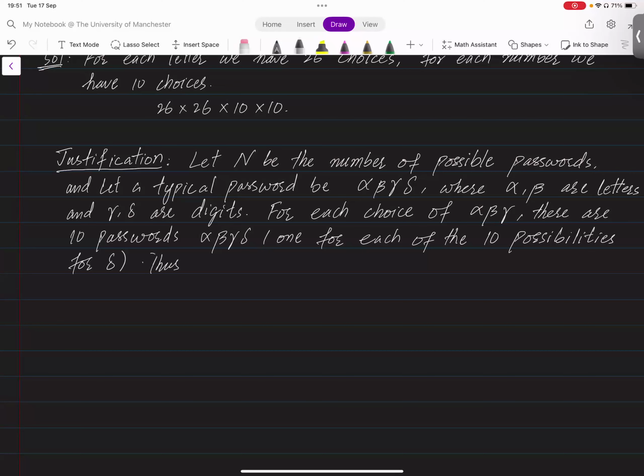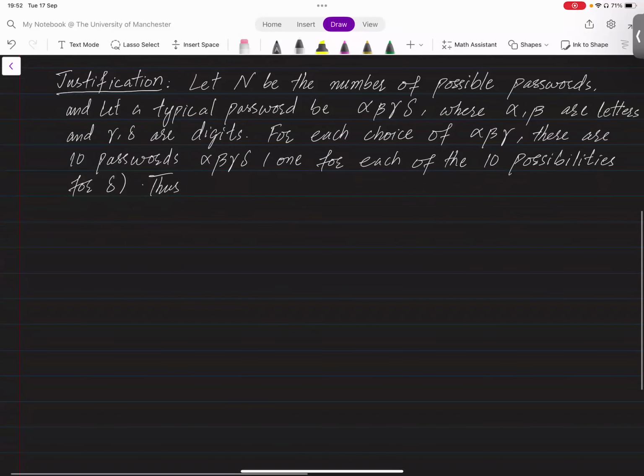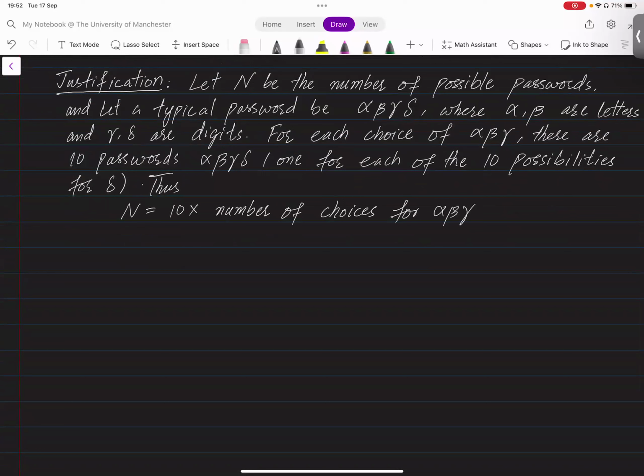Thus, we can write that n is nothing but 10 multiply the number of choices for alpha, beta, gamma.